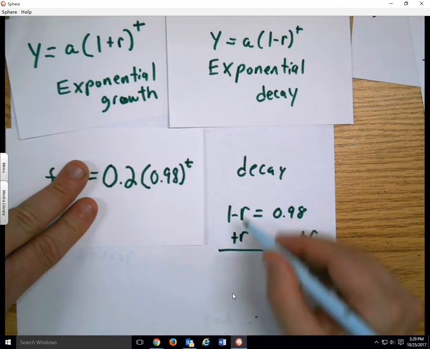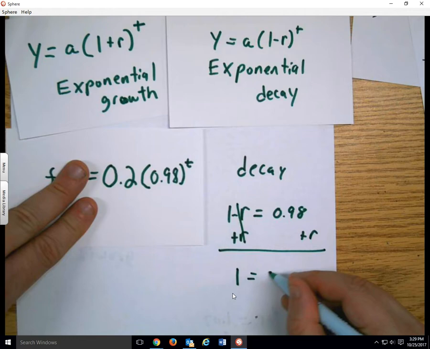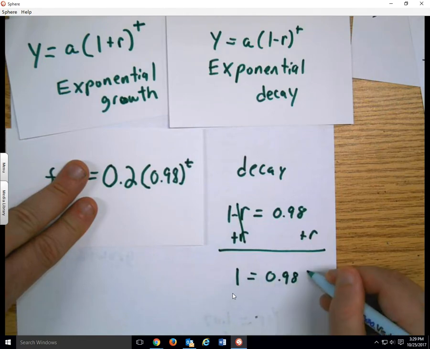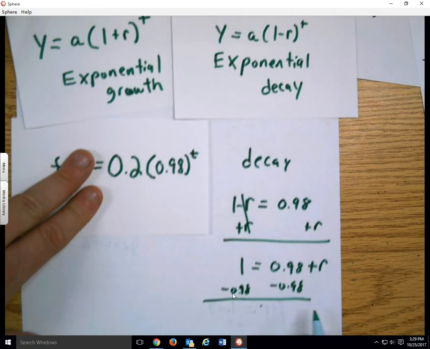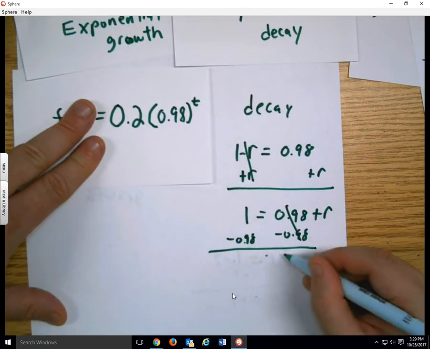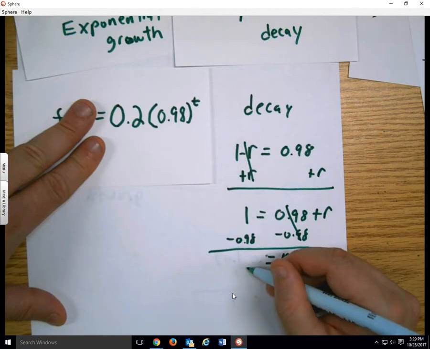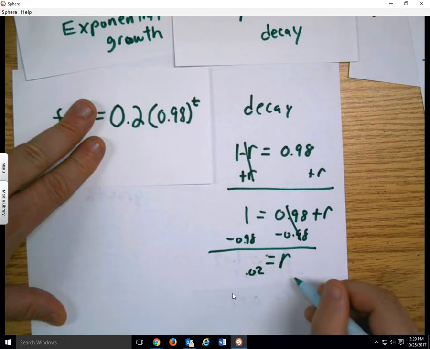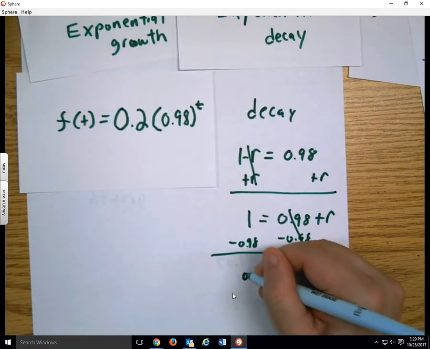I don't usually do it this way, I usually get rid of the 1 first, but just to show you there's more than one way to do this. Then I'll subtract 0.98 from both sides. These cancel out, you bring down the r, and that'd be 0.02. So the r was originally 0.02.